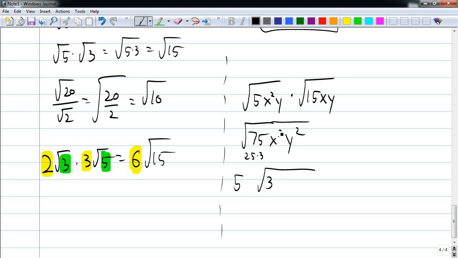Dividing 3 by 2 gives me a quotient of 1, so x to the first, and a remainder of 1, so there's an x to the first under the radical. Dividing 2 by 2 gives me a quotient of 1, so y to the first, and here's my simplified result.